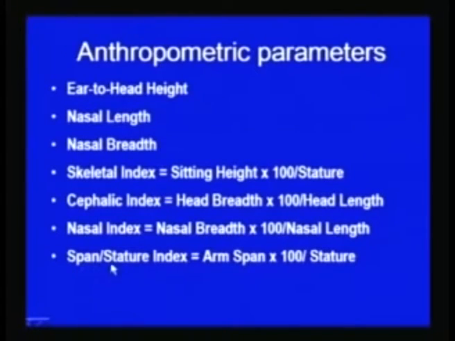The span oblique stature index is found with the multiplication of the arm span into 100 divided by stature.